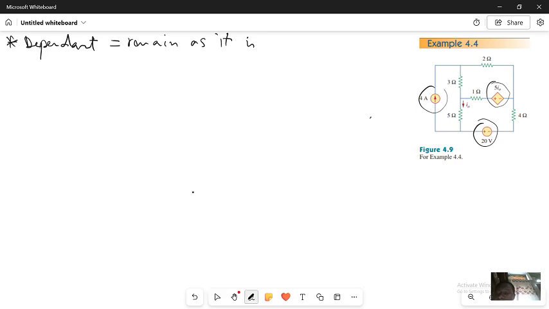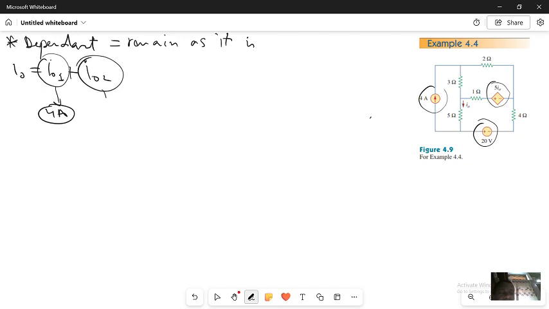This means that the I0 that I'm going to find is I01 plus I02. Why? I01 is contributed by the 4 ampere source.